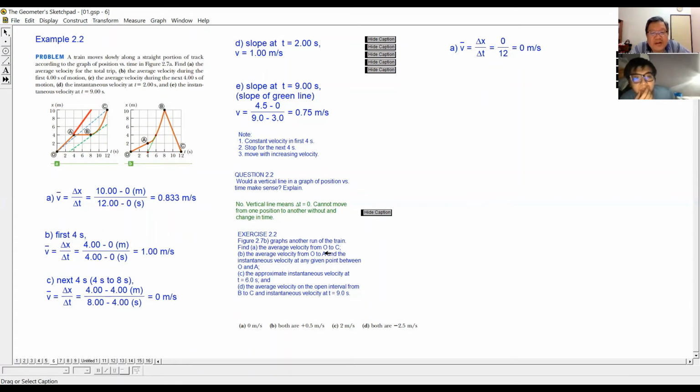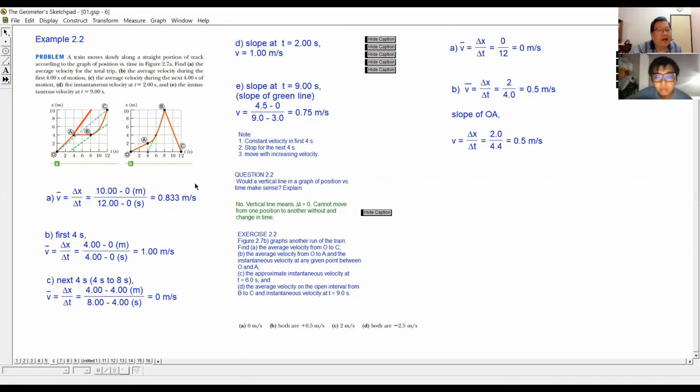Correct. Okay, next part. The average velocity from O to A and the instantaneous velocity at any given point between O and A. So we are referring to this part of the graph, O to A. Can you tell me what is the average velocity? 0.5, correct.